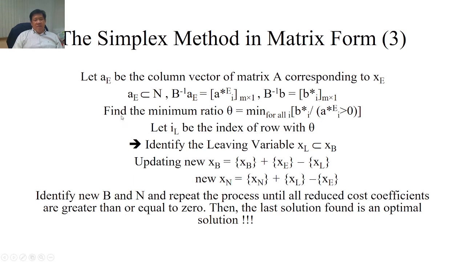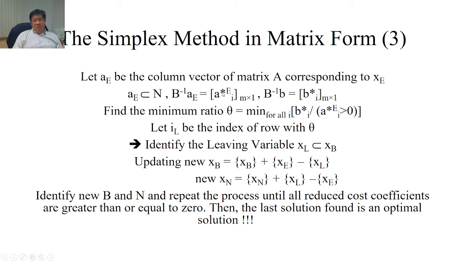And then you find what we call the minimum ratio. The minimum ratio is that, row by row, for these two column vectors, B inverse times a sub e and B inverse b, you find the ratio only when the divisor is greater than or equal to 0, which is the member associated to the vector B inverse times a sub e. It means that once you found B inverse a sub e, you found a column vector here.